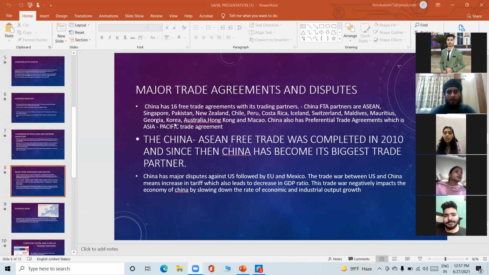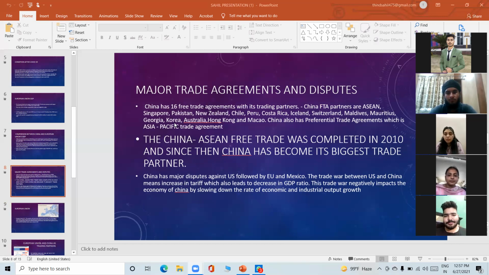The China and Asian free trade agreement was completed in 2010, and since then China became the biggest trade partner of Asia. China has major disputes which are always going on with the US, followed by the European Union and Mexico.